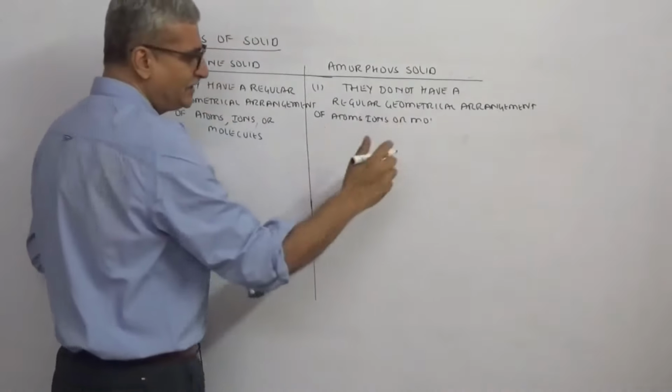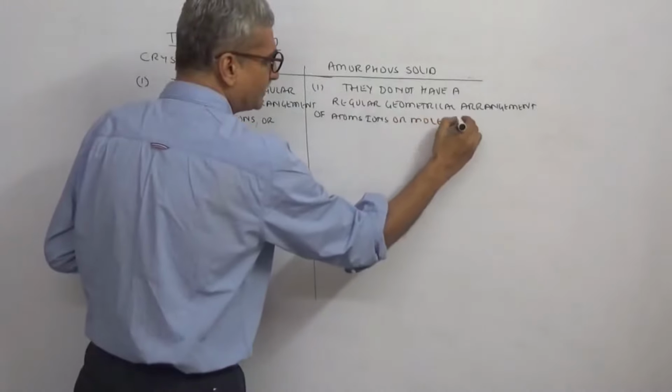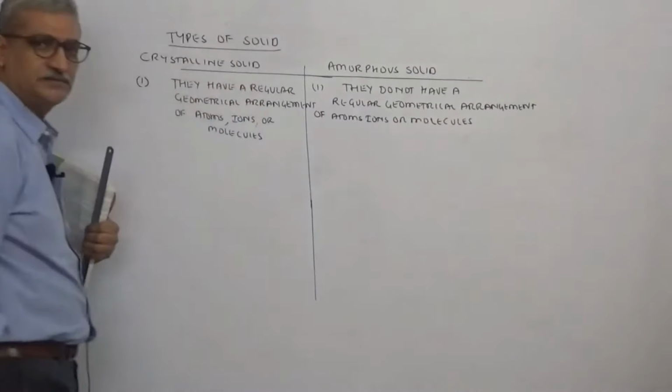Atoms generally do not occur, it's molecules. Atoms, ions or molecules. Understood?